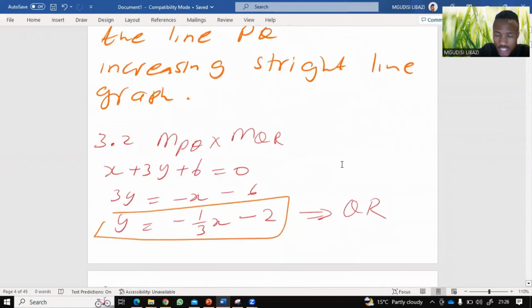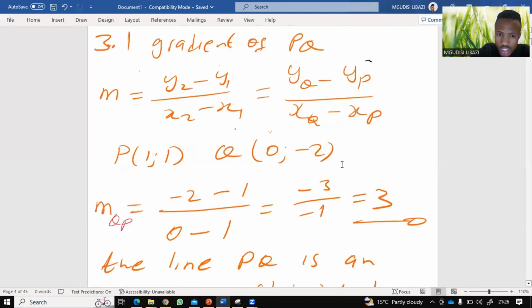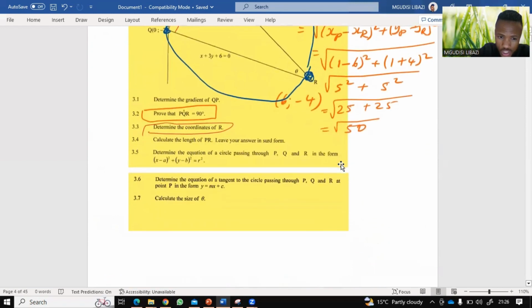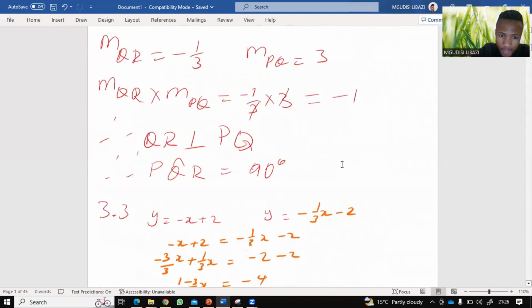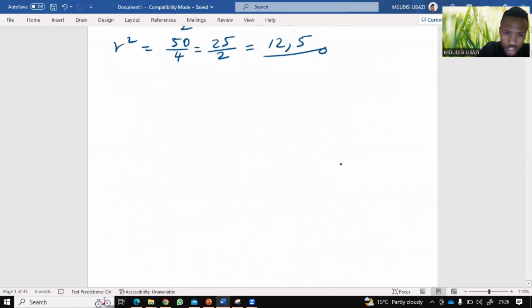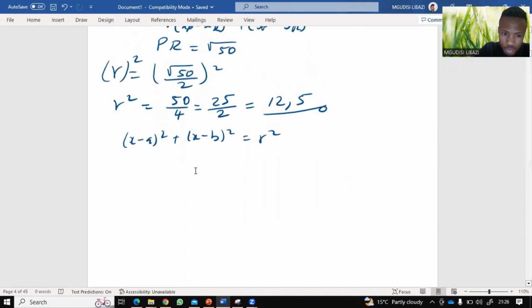So now after getting the r squared, because the question was saying the form (x minus a) squared plus (y minus b) squared is equal to r squared, we just need to find the a and the b, because they represent the coordinates of the center.